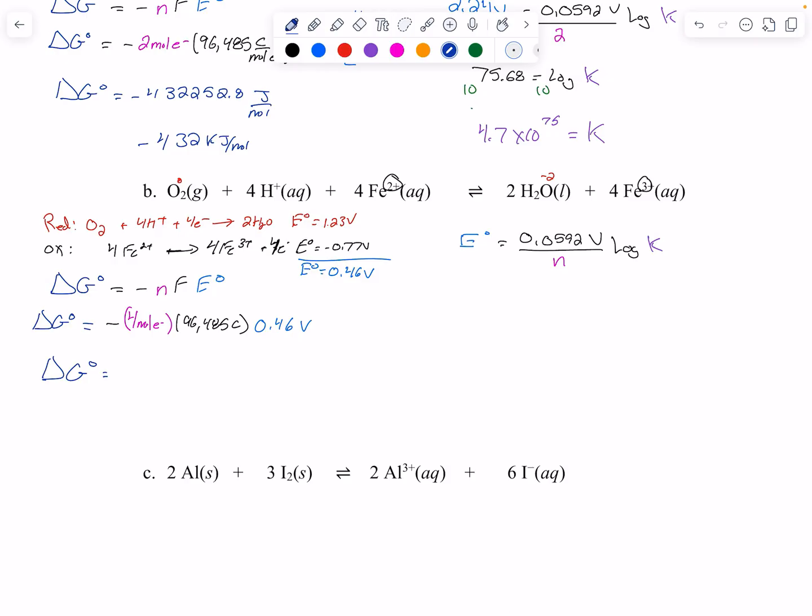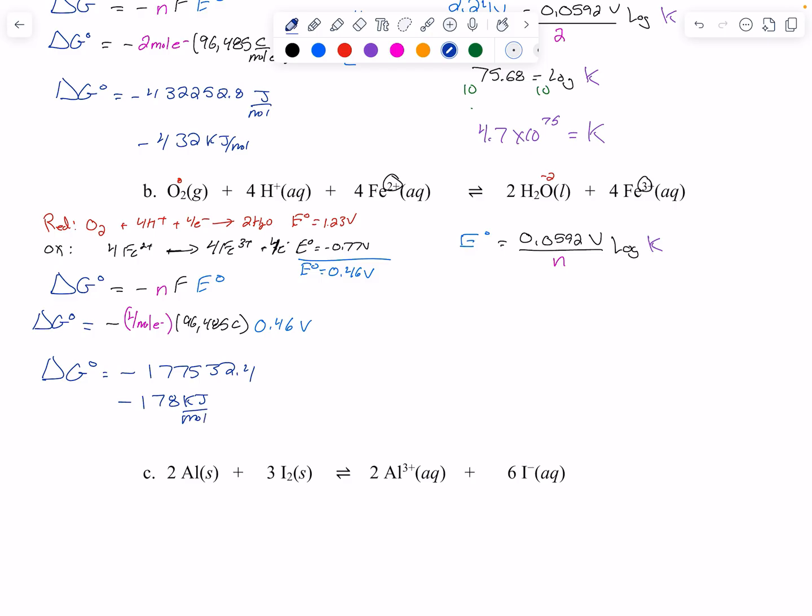Negative 4 times 96,485 times 0.46. I got negative 177,532.4. And so that's negative 178 kilojoules per mole. We'll go with it.